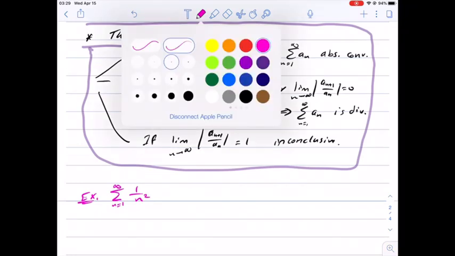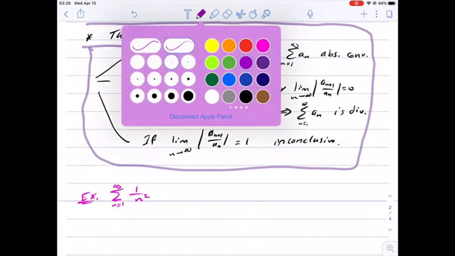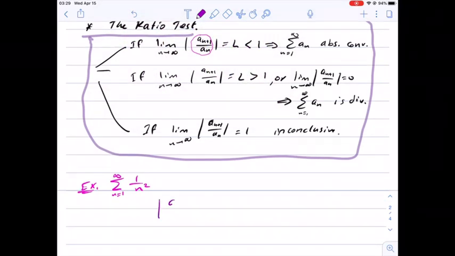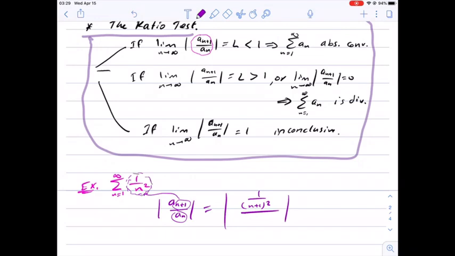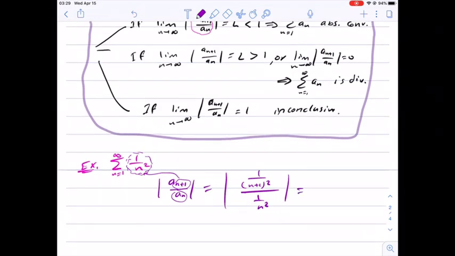But using this test, let's see if we can get some information by applying it. So let's take the ratio a_(n+1) over a_n and the absolute value. We substitute n plus 1 here. So we get 1 over (n+1) squared over 1 over n squared.